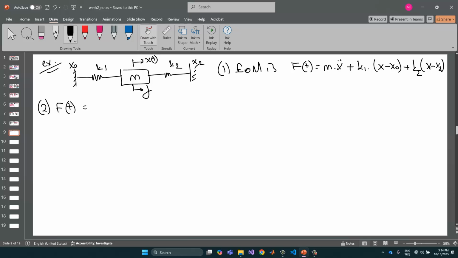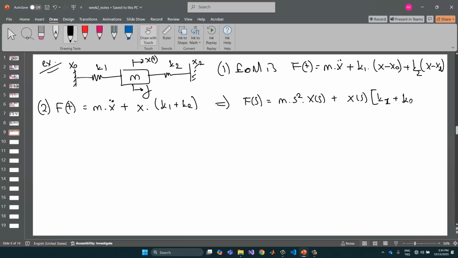And so, F(t) is equal to what? m x double dot plus x times (k1 plus k2), right? In the Laplace transform, we have F(s), which is equal to the what? m s squared X(s) plus X(s) times (k1 plus k2).